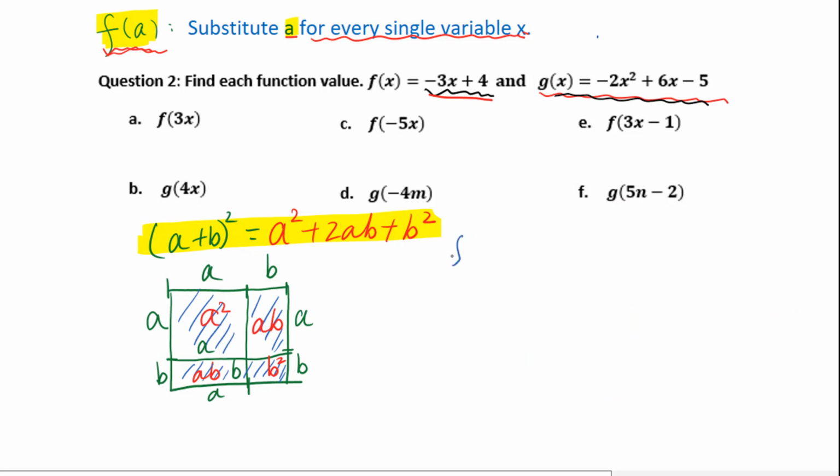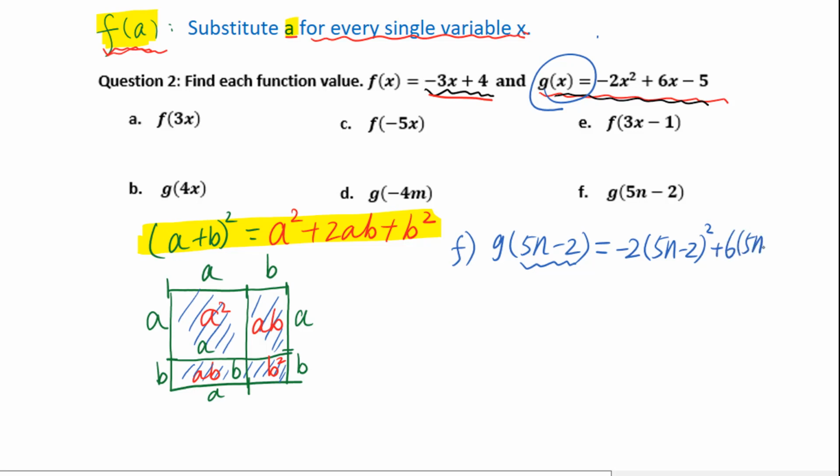Let's go to question F, g of 5n minus 2, which means that every single x will be changed into 5n minus 2 for this g of x. So we have negative 2 times 5n minus 2 squared plus 6 times 5n minus 2, then minus 5, equals negative 2 times 5n minus 2 squared.